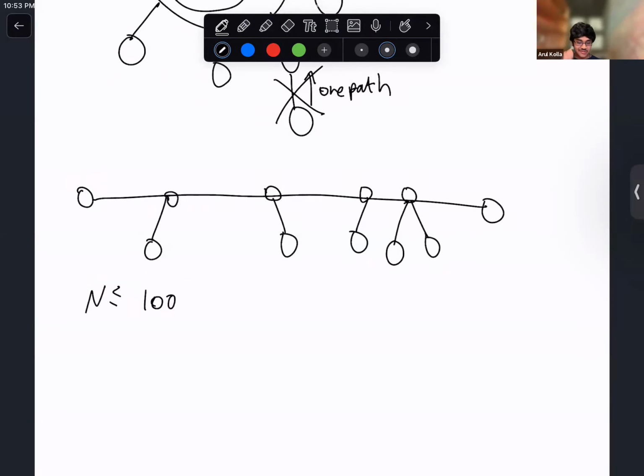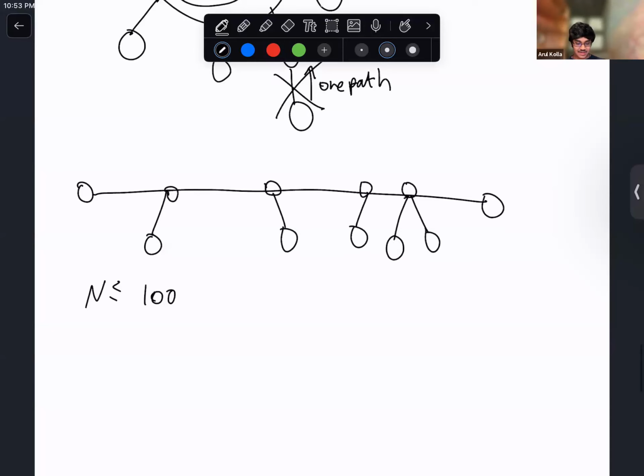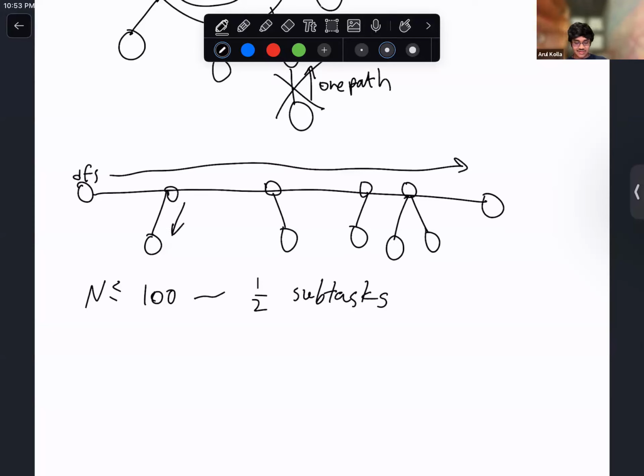You can find the path between them and then check whether all of the other vertices hang off of it. This will get you about half the subtasks. I won't go into the full details of how to check, but in general, you will just run a DFS from this node and then make sure that every other node is directly adjacent to it.